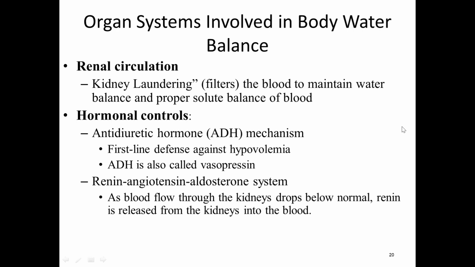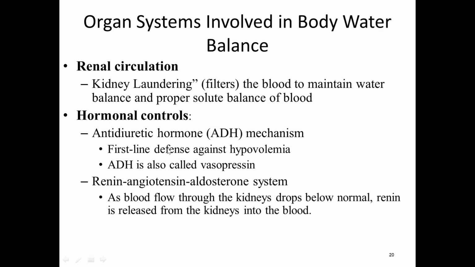Hormonal control: the antidiuretic hormone, ADH, mechanism, is the first line of defense against hypovolemia. ADH is also called vasopressin. It acts when there is a deficiency of water. It is released when there is a deficiency of water, and it absorbs water from the loop of Henle.